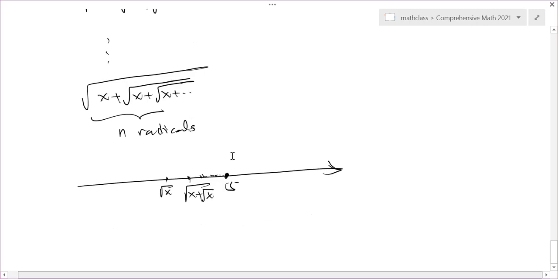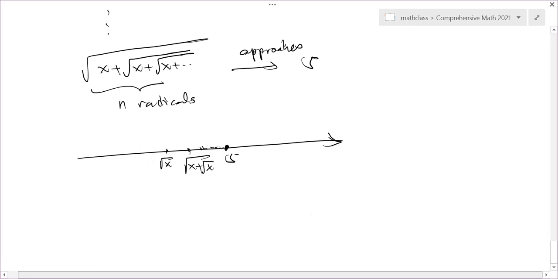So this approaches 5. And therefore, we just say they're equal if you put infinitely many radicals. This is the expression with n radicals. Now, infinite radicals means the limit case, that's equal to 5.